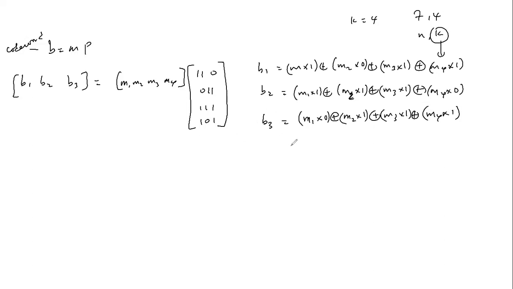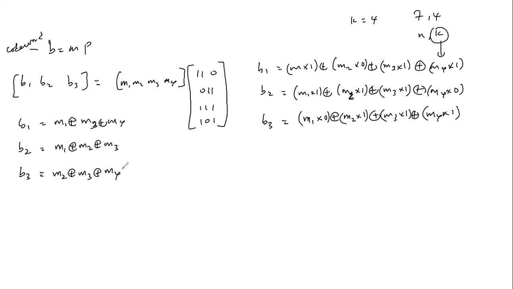So therefore, B1 is the same as M1 plus M3 plus M4, while B2 is M1 plus M2 plus M3, while B3 is M2 plus M3 plus M4.